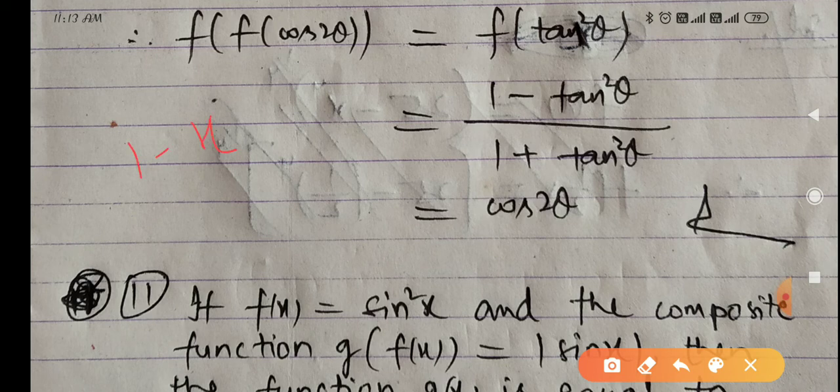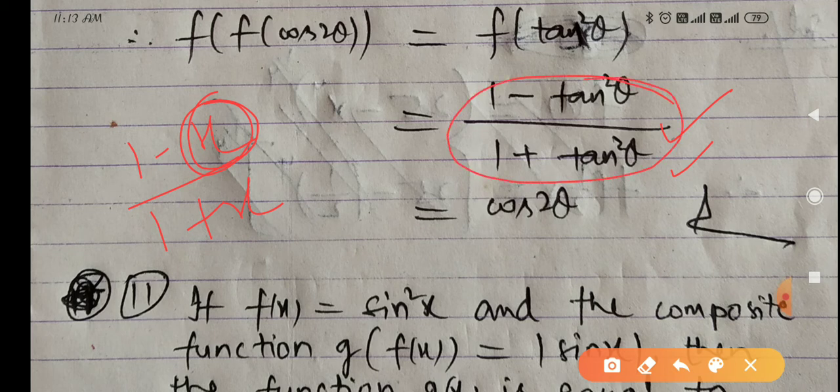It was (1 − x)/(1 + x), so in place of x put tan²θ: (1 − tan²θ)/(1 + tan²θ). Now you remember the formula: (1 − tan²θ)/(1 + tan²θ) is the identity of cos 2θ. So cos 2θ is the final answer.